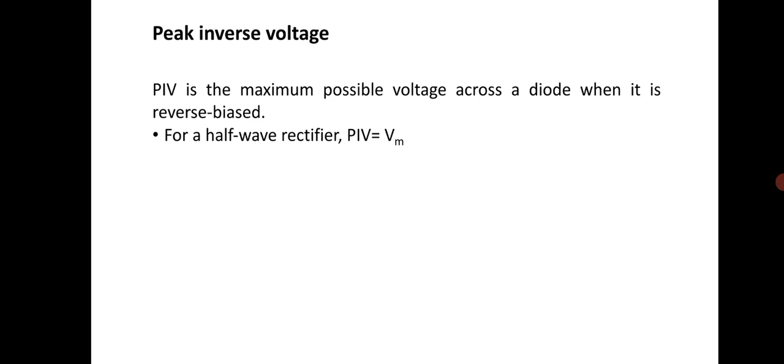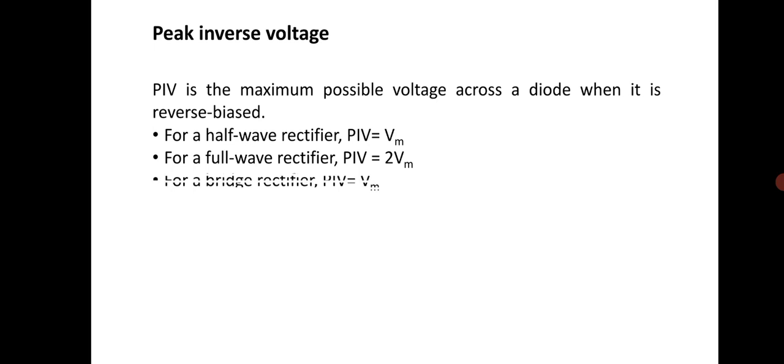So whatever voltage you have applied at the input, all of it is going to be obtained across the diode during the reverse biasing case. So here the peak inverse voltage is Vm for the half wave rectifier. For the full wave rectifier you have two diodes, so the peak inverse voltage is 2 Vm, and for the bridge rectifier it is Vm.